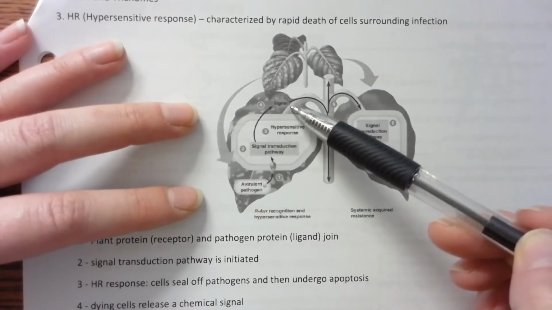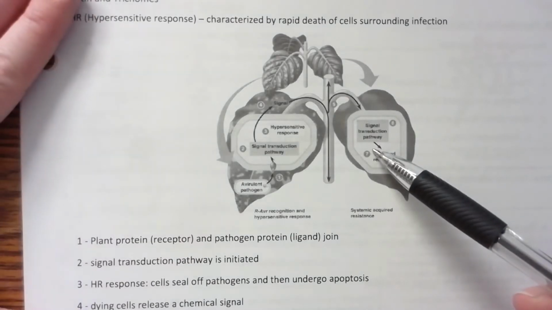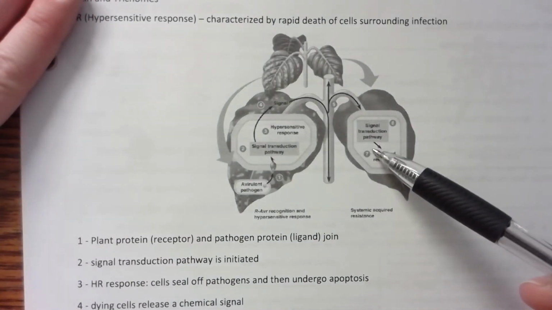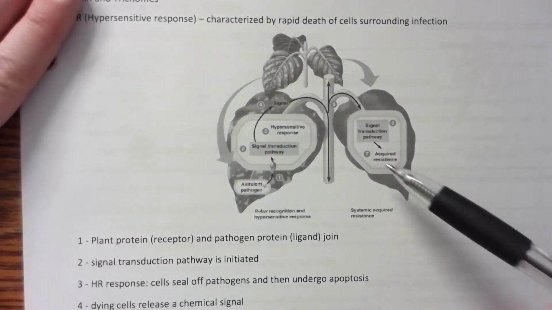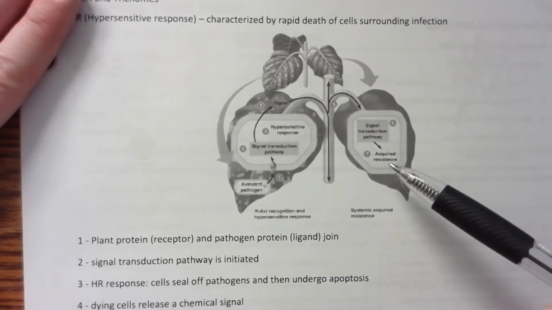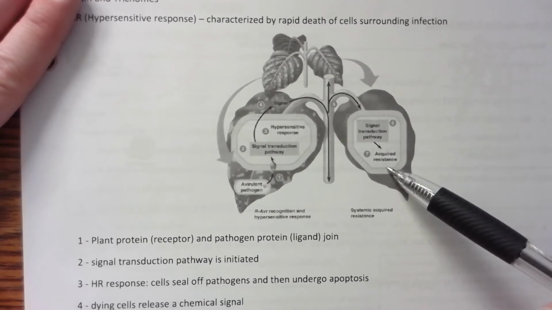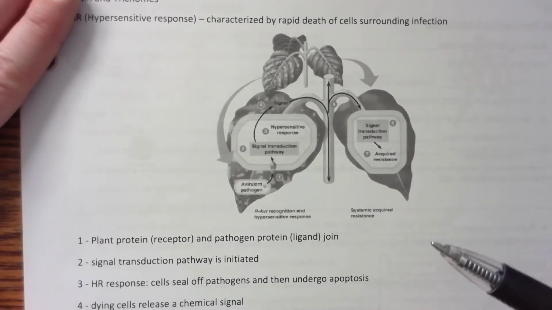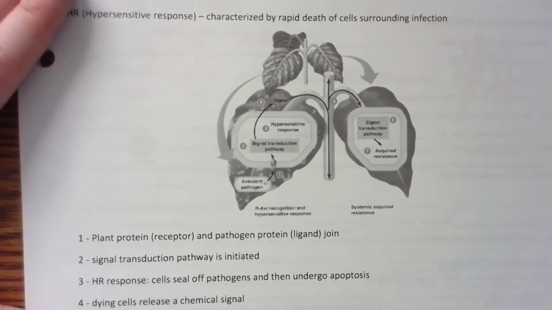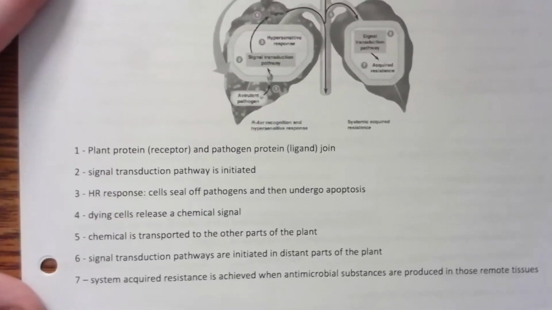Not only that, but the signal can go to another area, and certain antimicrobial substances can be produced that will give that plant acquired resistance to whatever is infecting it. So it's crazy that plants have that capability.